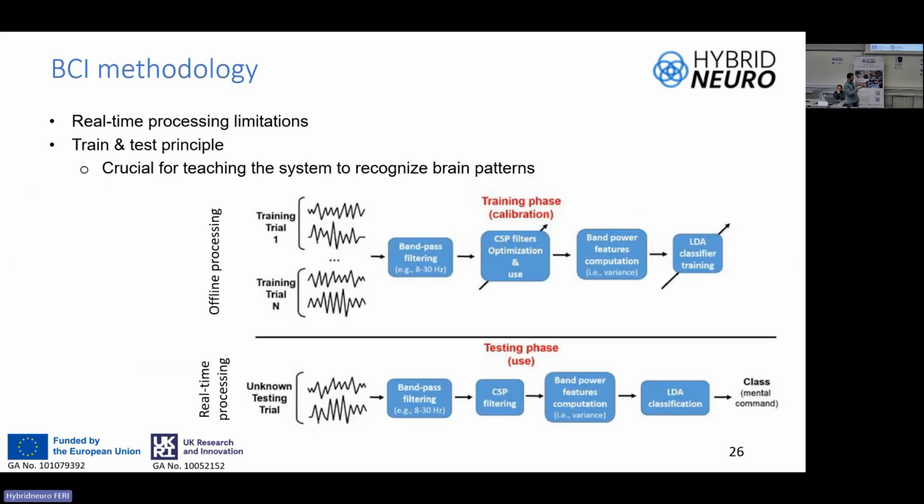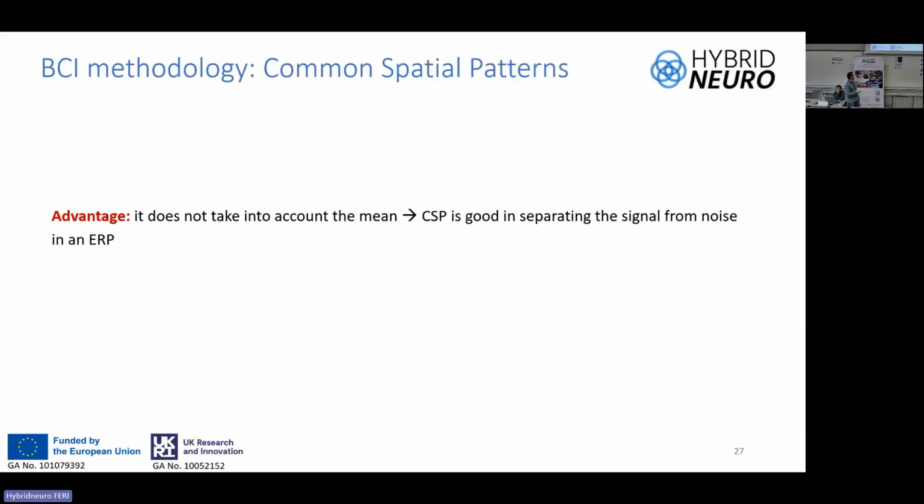And also the BCI approach introduces another dimension that is the calibration, the training of the common spatial pattern features, and also the extraction of the features for the classifier. And then we will apply these configurations in real-time processing. So it includes more complexity in the data.